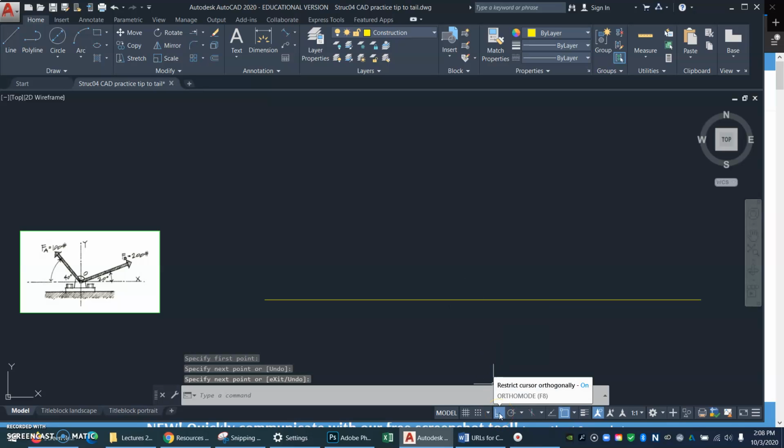And notice, if you hover over it, it tells you, see that F8? If you push the F8 key, that also will turn ortho on or off. Okay, now let's draw our first line. I'll draw my first line at a 20-degree angle, 200 units long.